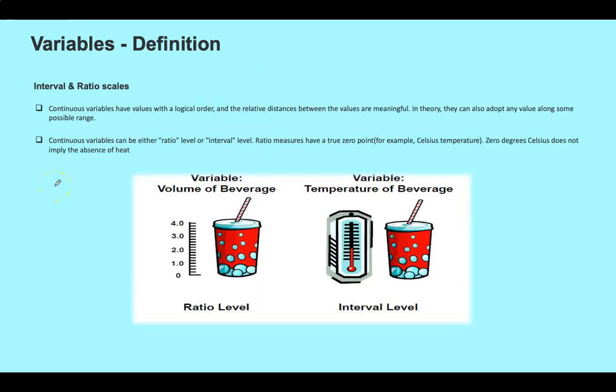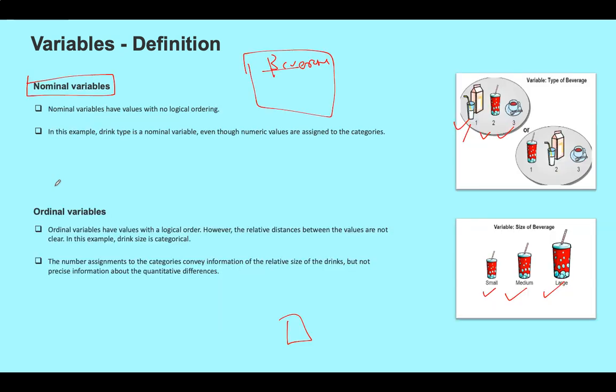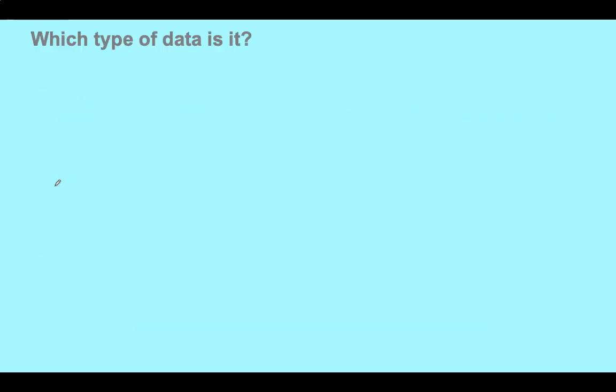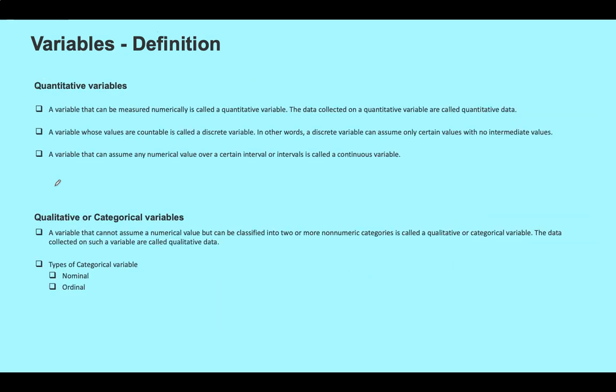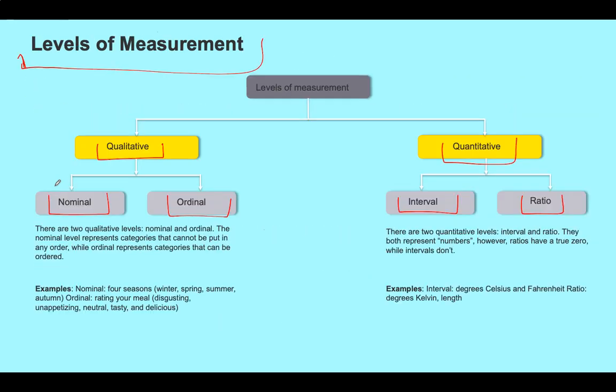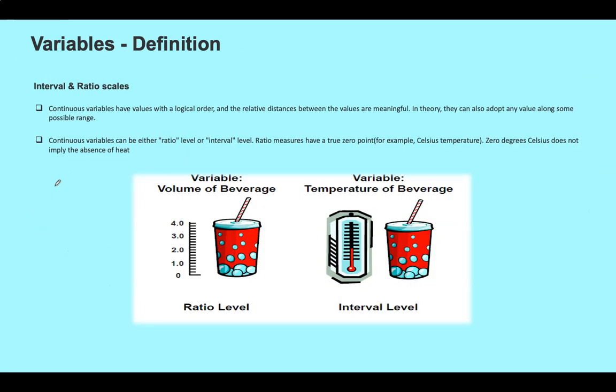Already I discussed that quantitative variables are further divided into interval and ratio. When I say interval, we have a continuous variable having values in a logical order, where the relative distance between the values is meaningful, within a possible range.